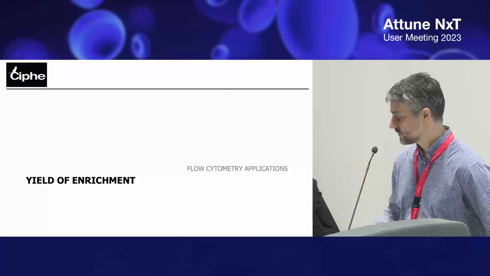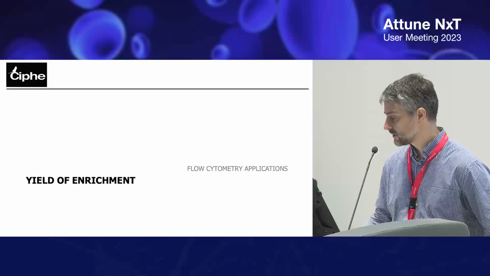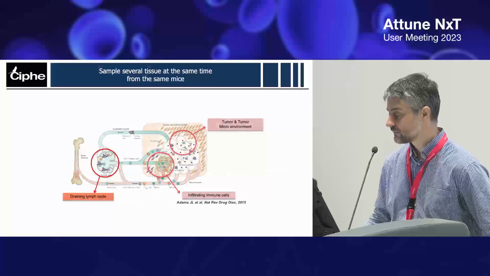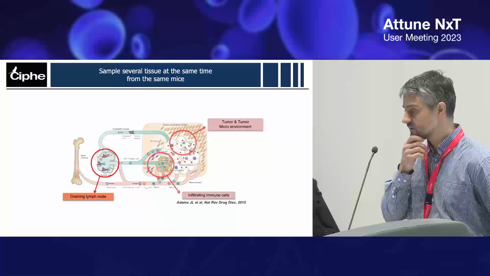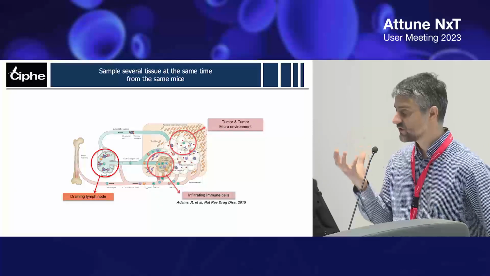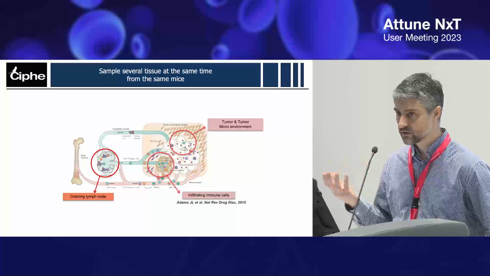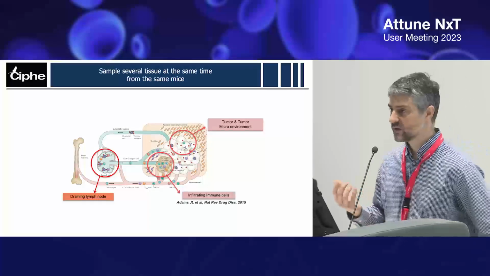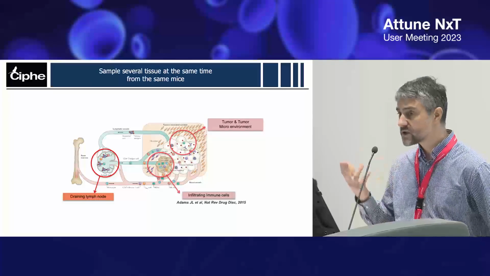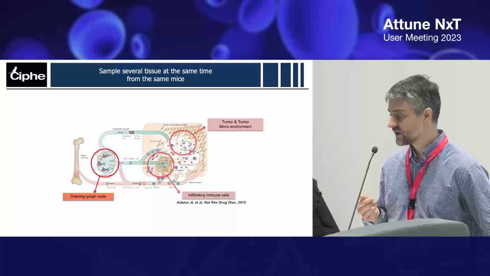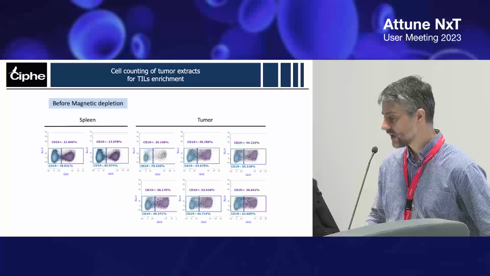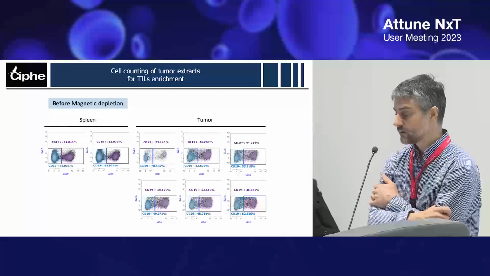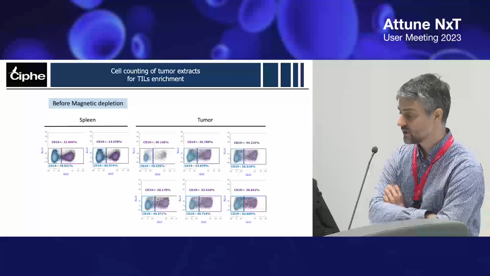The other application that we do very regularly is computing the enrichment yield. In some approaches, we want to study tumor infiltrating leukocytes, and these are not the major component of the tumor, right? It's the tumor cells. So you need to enrich in these cells if you want to immunophenotype them. And we use the Attune to monitor the efficiency of enrichment.